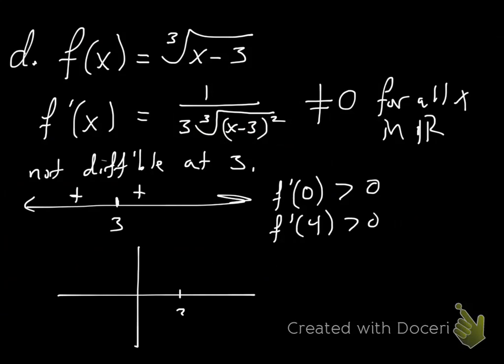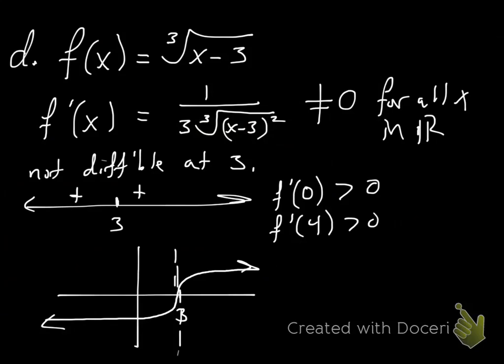And if we draw in the cubic function, it does have a vertical tangent at 3. So that's why the derivative at that particular point is undefined, because it has a vertical tangent there. And you can see that the function is always increasing from negative infinity to infinity. So it does not have any extrema, but in terms of increasing and decreasing, we can say it's increasing from negative infinity to infinity.